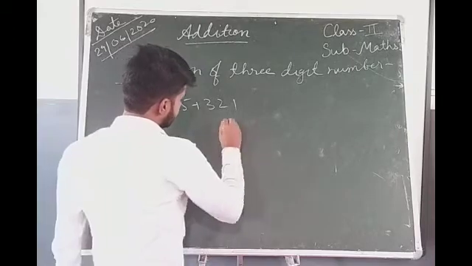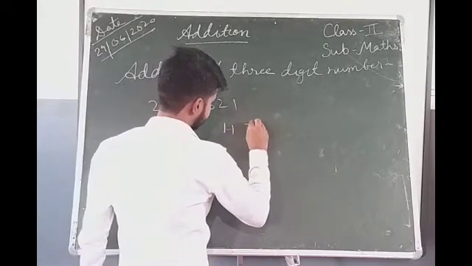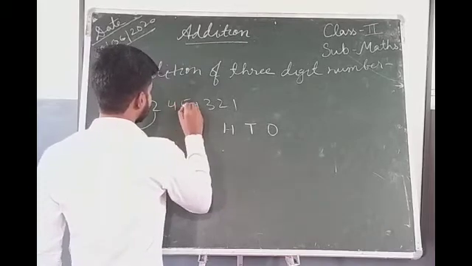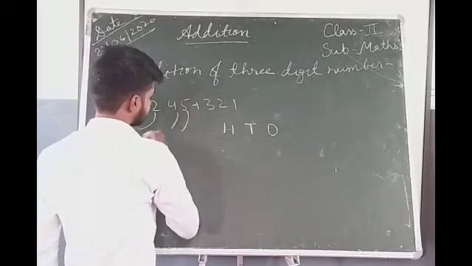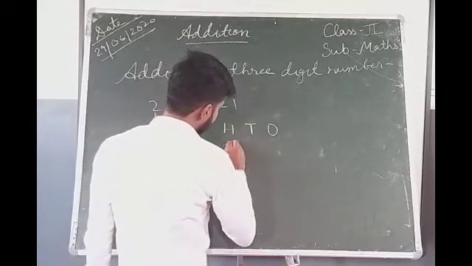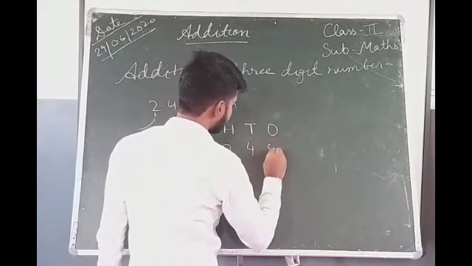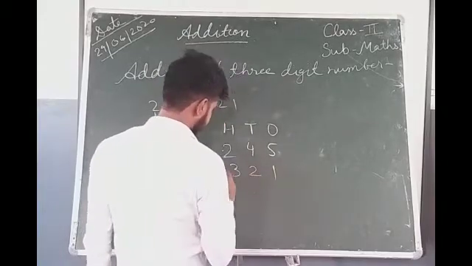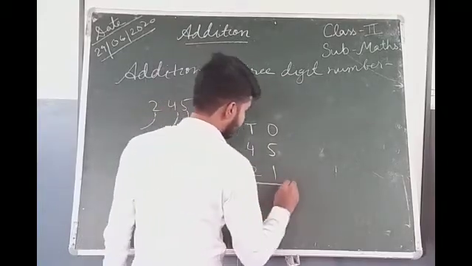Simply we will write hundreds, tens, ones, because this is a 3-digit number. We have learned 3-digit numbers in the class before. Now we learn 245 plus 321. Now we will add this.